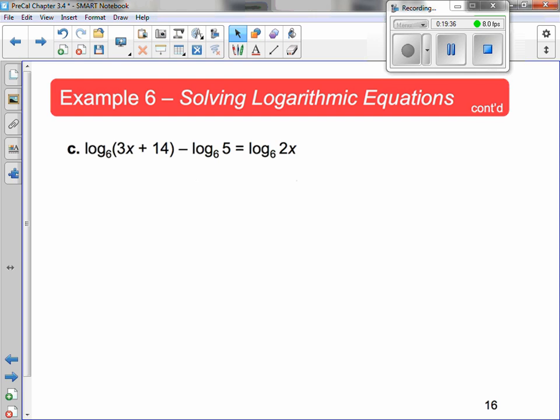Solve the following logarithmic function. So looking at this here, this isn't quite 1-to-1 because I have 2-to-1, don't I? But they all have the same base.